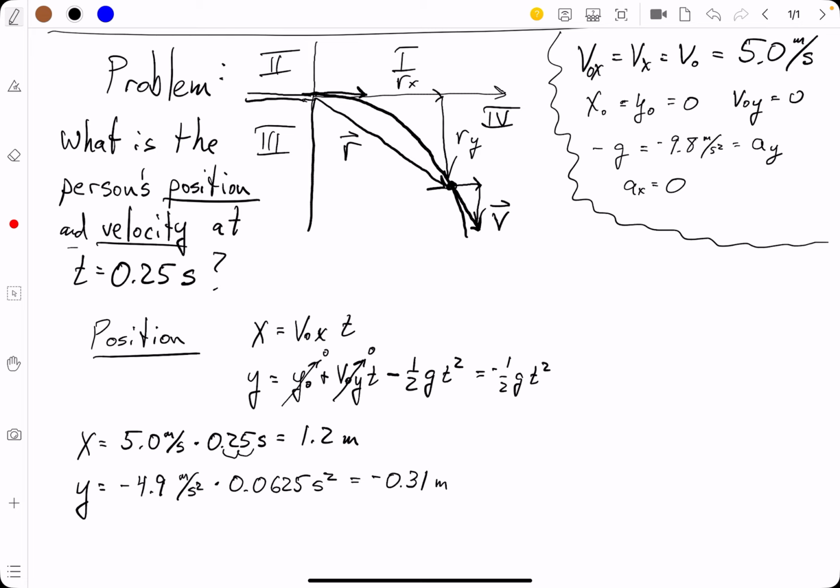Now we want to know what r is, so we say r is equal to the square root of x squared plus y squared. And of course, this is our absolute value of r. And we have to square 1.2, and we're going to square 0.31. I'm dropping the negative sign because negative squared is equal to positive, so it doesn't matter, positive or negative, it's still going to be the same.